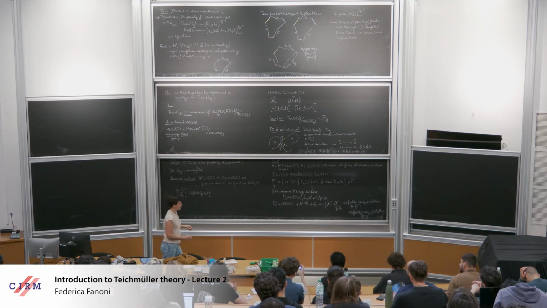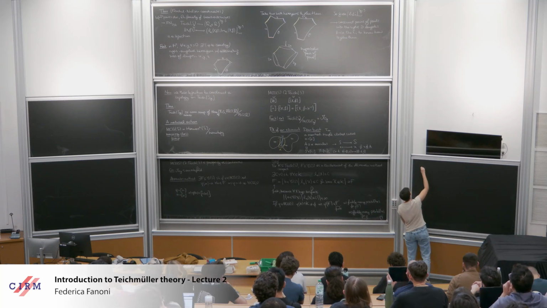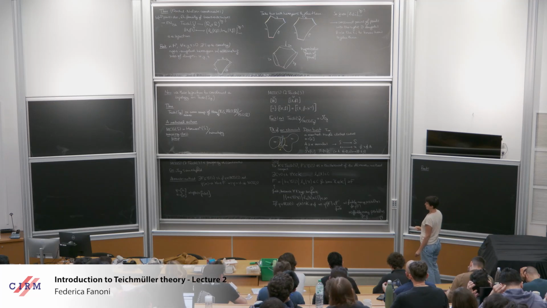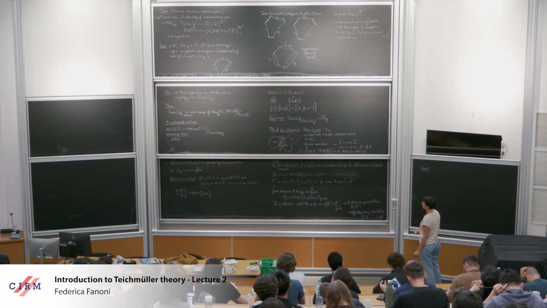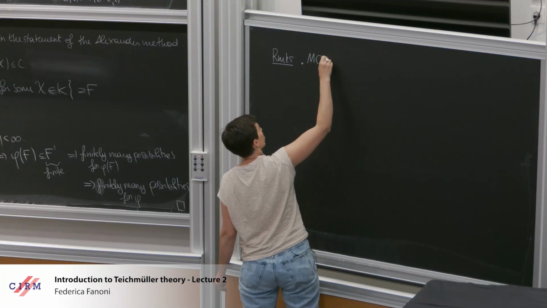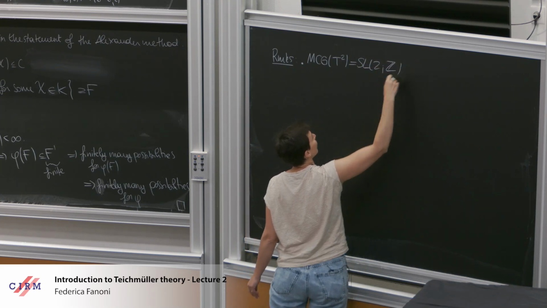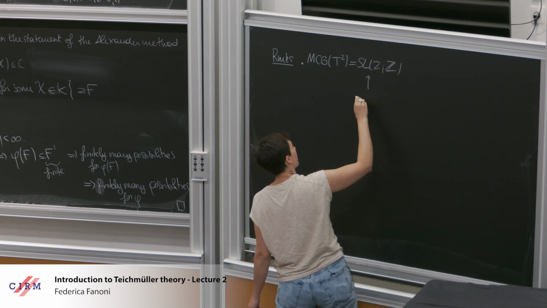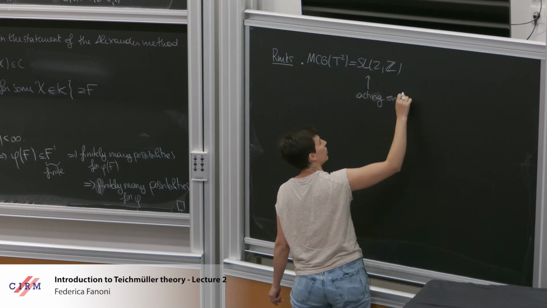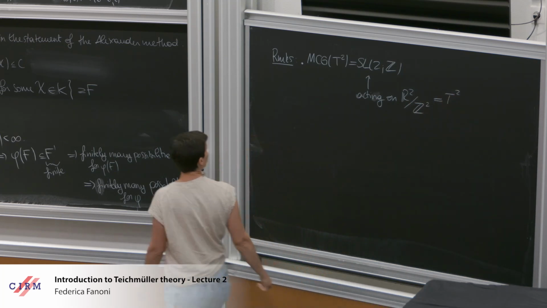And maybe two remarks. One is that there's one case in which we understand all of this very well, which is again the case of the torus. If you look at the mapping class group of the torus, this is actually SL2Z, where you think of these as acting on the torus seen as the quotient R2 mod Z2.